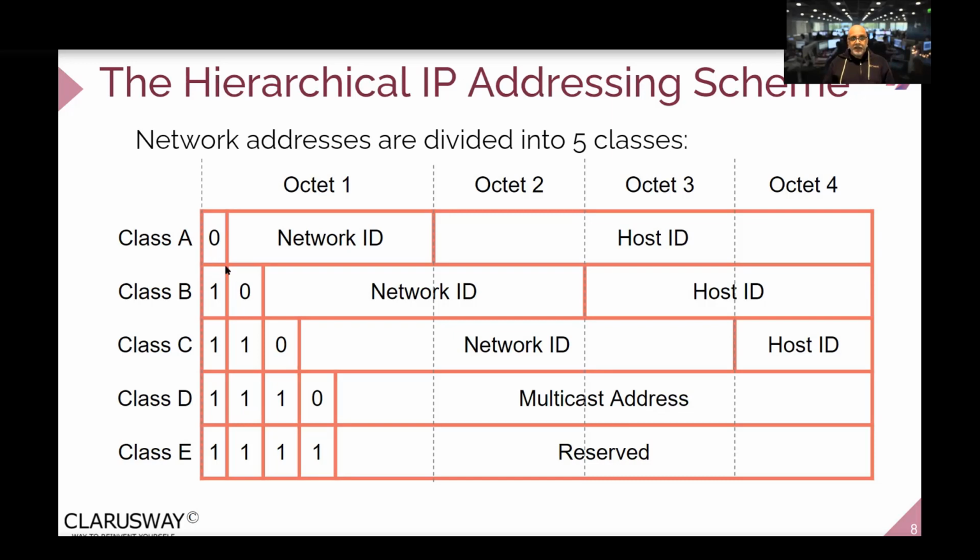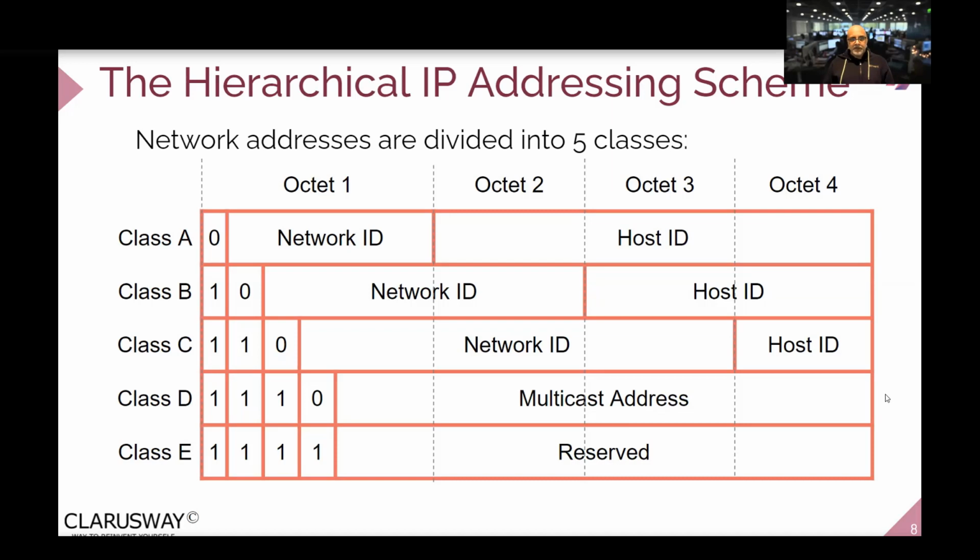For the class B address, we're going to use the first 2 octets to define the network ID, and we're going to set the first bit to 1, second bit to 0. Then for class C, we're going to set the first bit to 1, the second bit to 1, the third bit to 0, but we're going to use the first 3 octets to define the network. And the remaining octets, in each case, define the hosts.